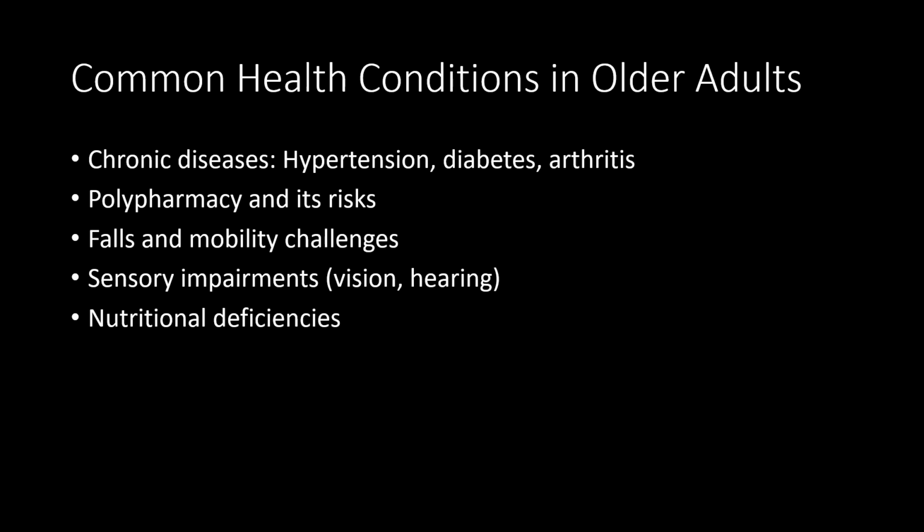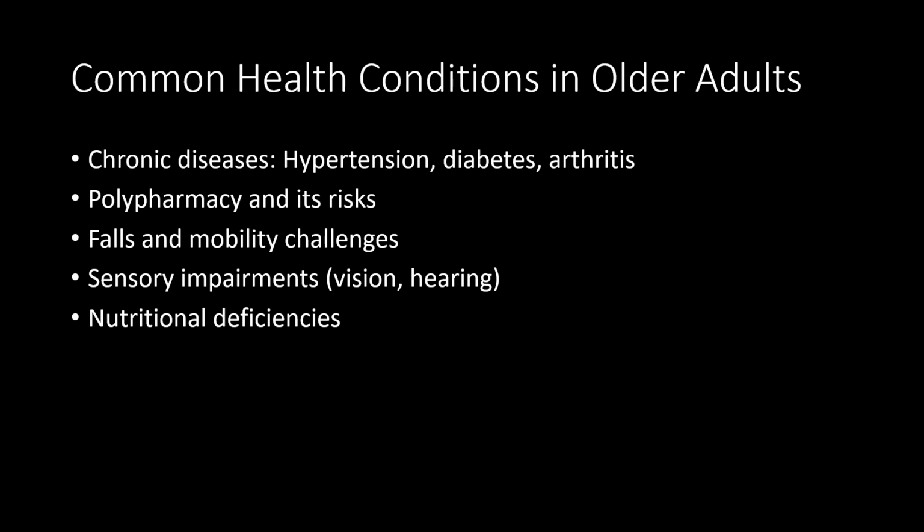Some common health issues in the older adult includes chronic diseases such as hypertension, diabetes, arthritis. They also can have polypharmacy, so multiple medications that a patient, especially older adults, may be on. And with this, we know we have a lower filtration rate in our kidneys.